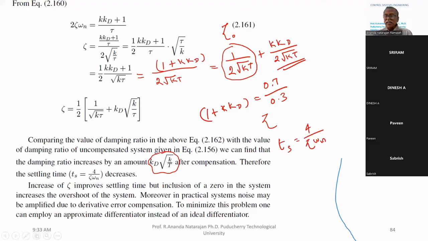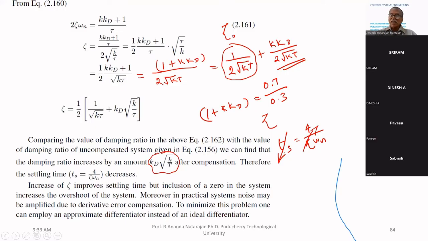As zeta increases, settling time will decrease. Therefore, derivative compensator will decrease settling time. In other words, it reduces oscillation, because zeta is increased from 0.3 to 0.7. Definitely, oscillation will reduce. As oscillation reduces, it quickly settles.